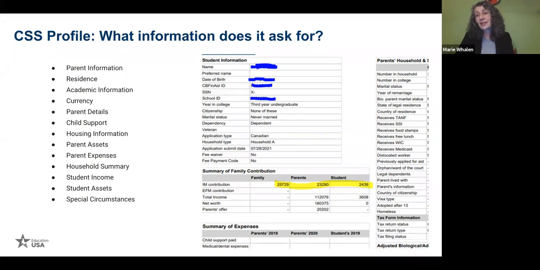The downside, there is a cost to the profile. It's $25 for sending the information to the first college or university and $16 US for any subsequent additional schools that this information is sent to. So if you are submitting the CSS profile to 10, 20 different colleges or universities, the costs can add up. So that's something to be aware of.